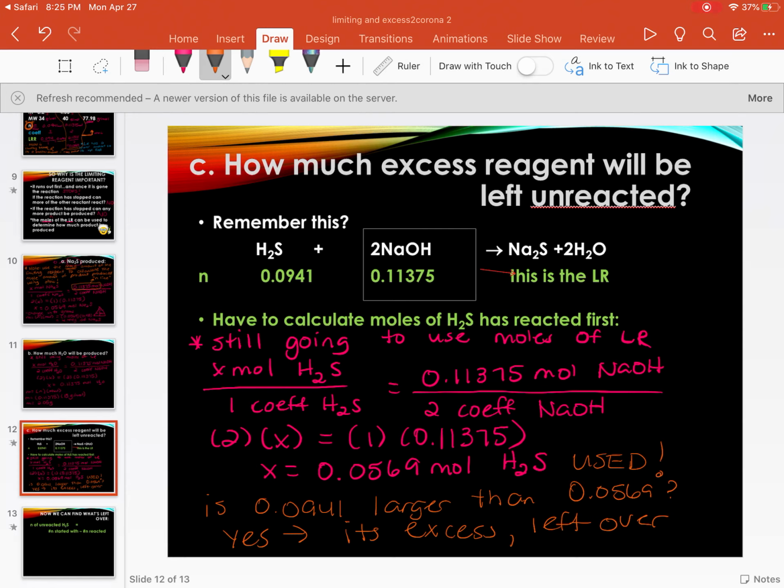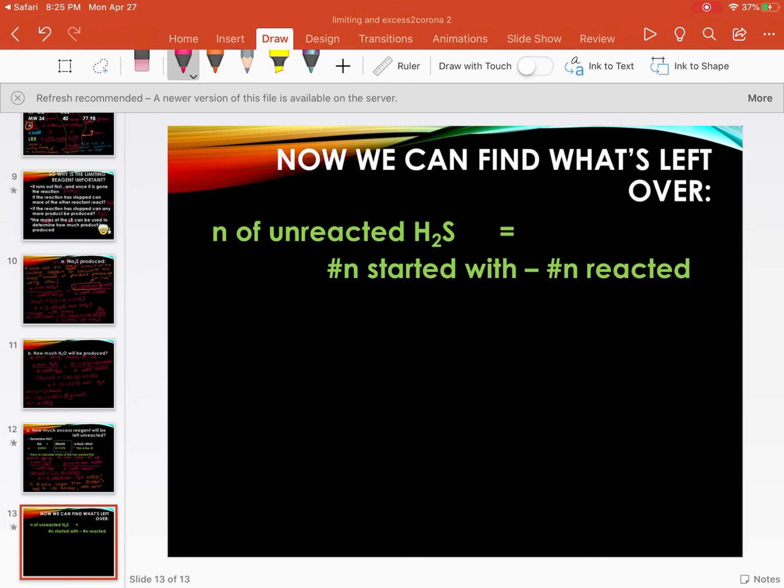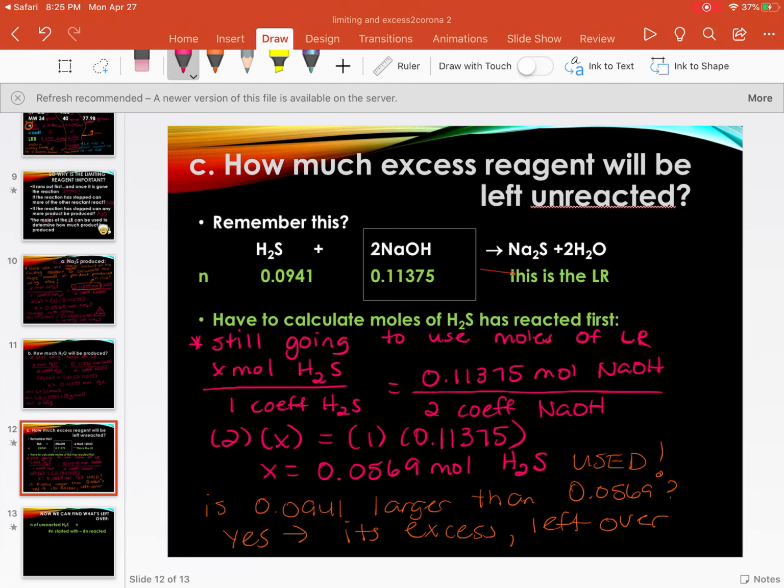Okay, and how do you figure out how much is left over? If you have a pizza with 10 slices and 8 people eat one slice, how much is left over? You would subtract. So that's all we're going to do. We're going to find what's left over. So the moles of unreacted H2S is going to be how many moles we started with minus the number of moles we reacted.